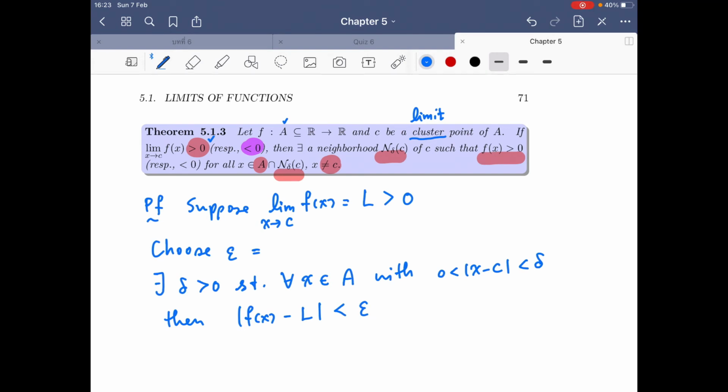So this is what we have whenever we choose. For example, if we choose epsilon equal to 1, then this will be less than 1. Are we good? Delta depends on the epsilon that we choose.